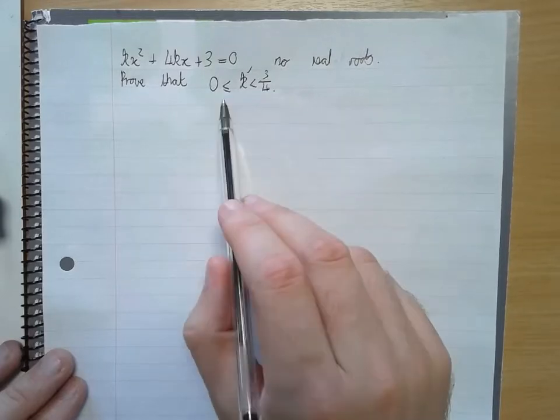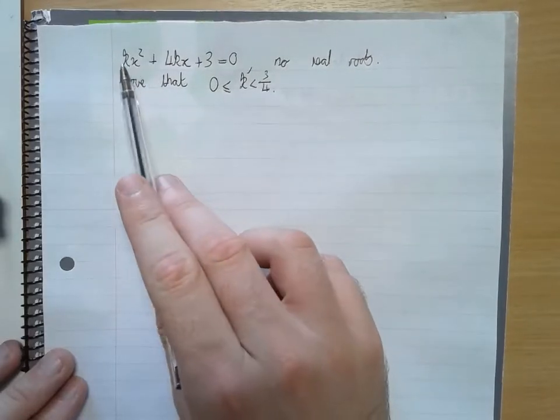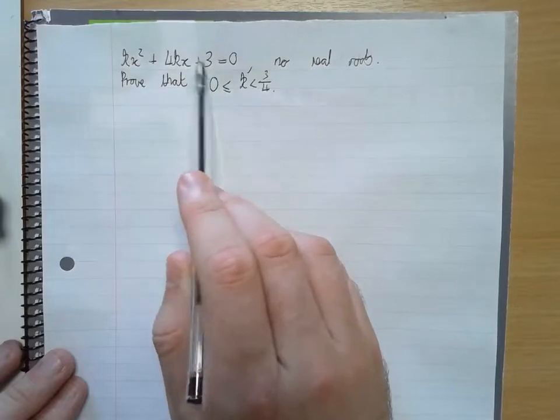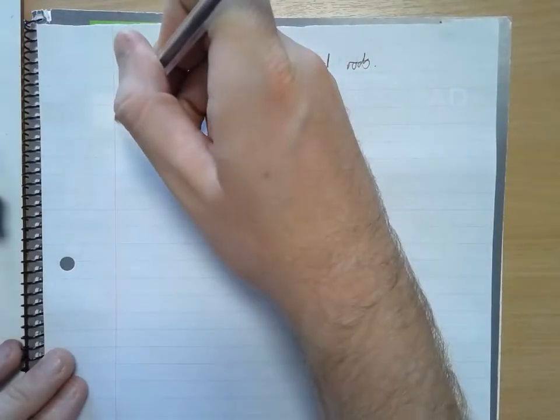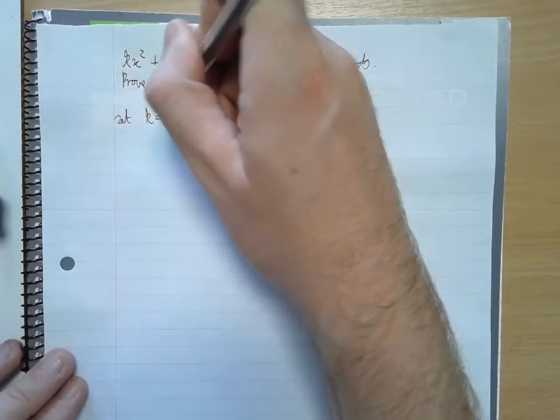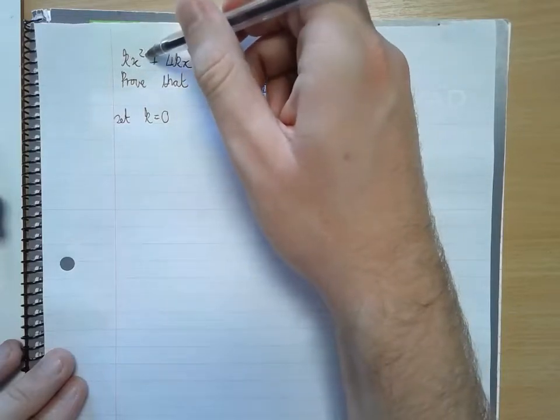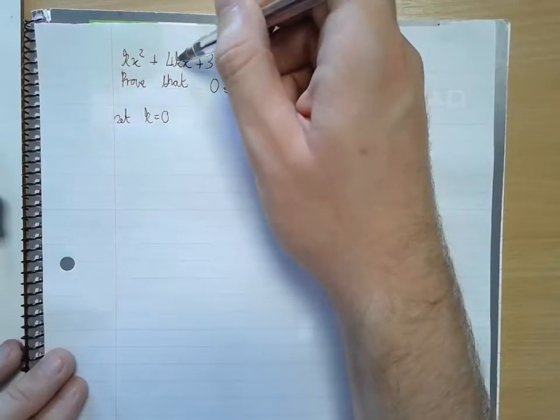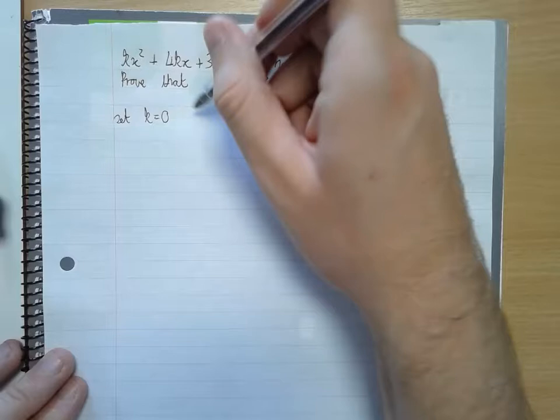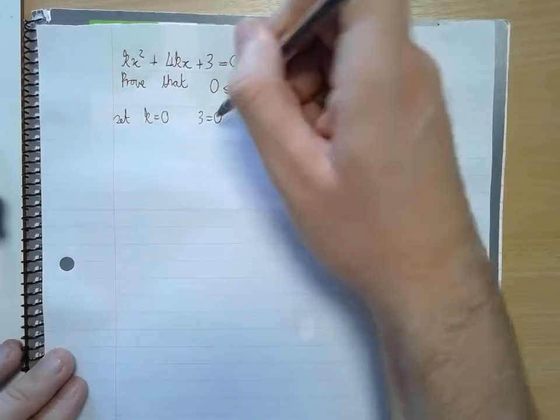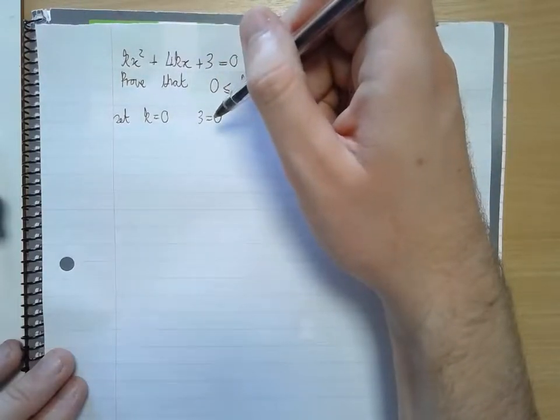So what I was thinking is if we put k is 0 in here, of course 0 times x squared will go, 4 times 0 times x will go, and you're left with 3, which is 0, and of course that can't actually work.